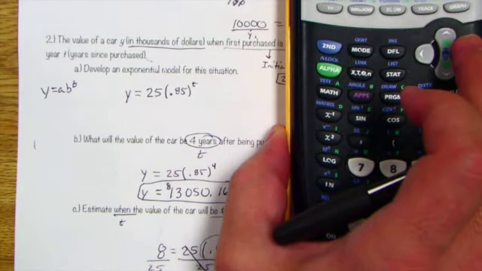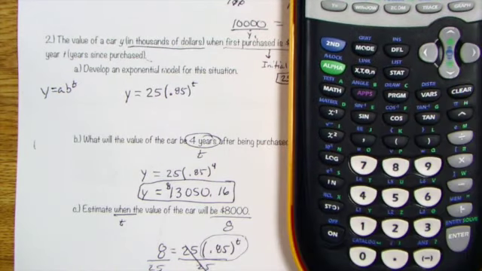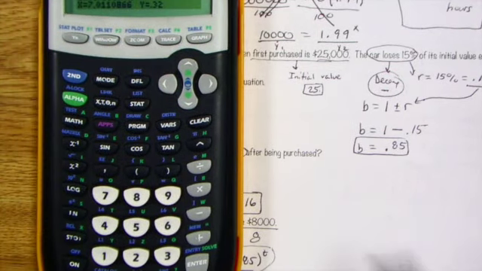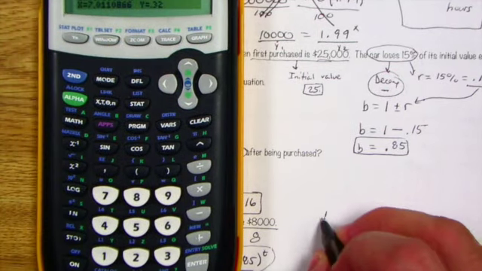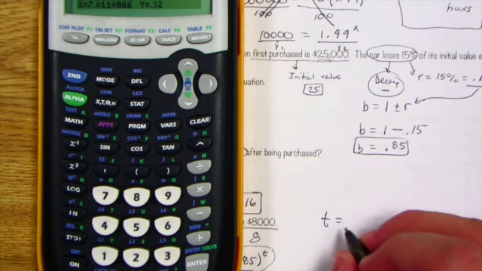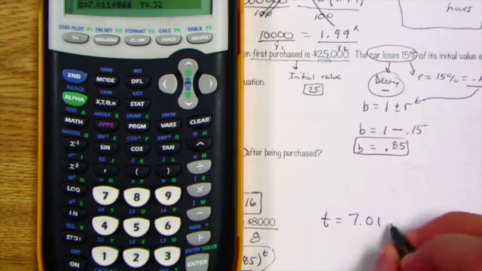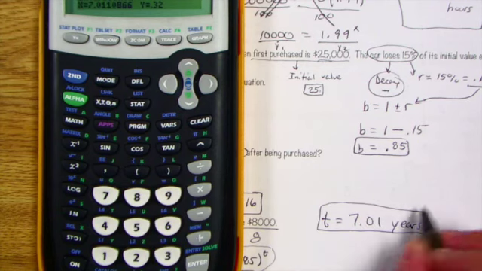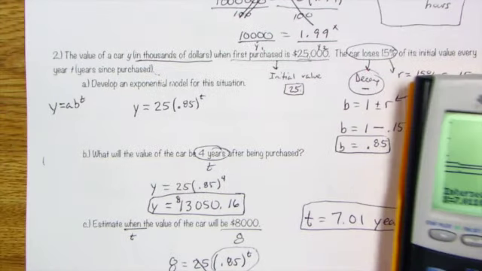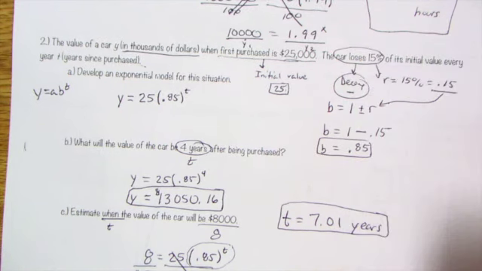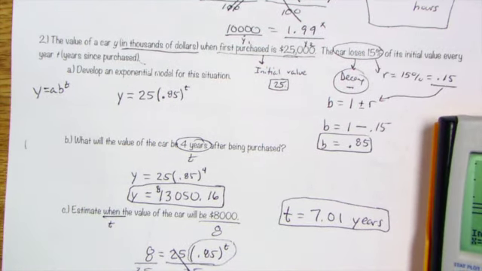So when we go to find the answer here, you will have t equals, it's like 7.01 years. That's when the car's value will be $8,000. Okay, almost done.